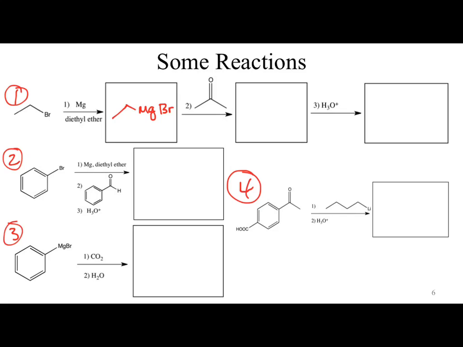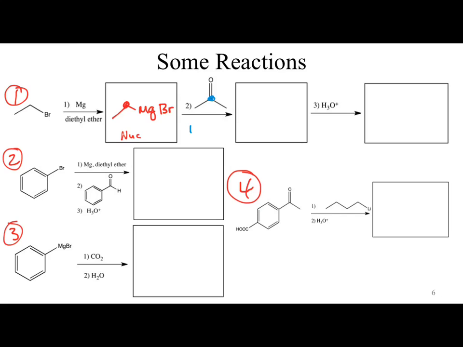Okay, what happens in the next step? Our carbon, where the magnesium is bound, is now our nucleophile. What does the nucleophile react with? Something positive. So we can take a look at step 2. Where's the most positive atom in step 2? The carbon of our carbonyl.